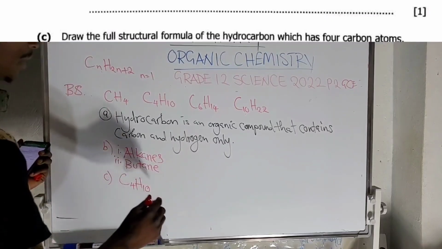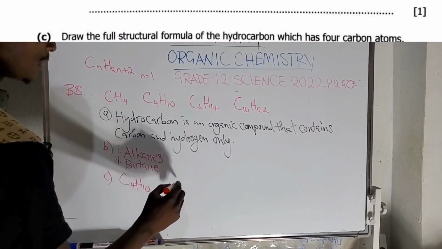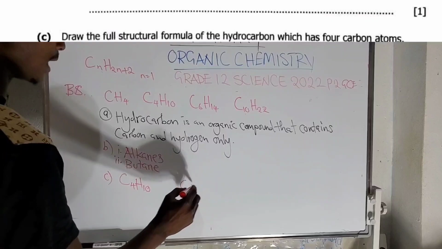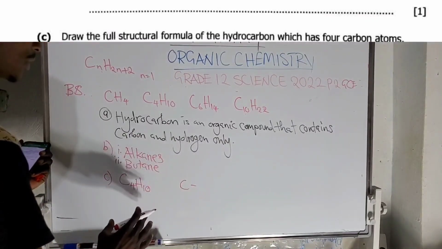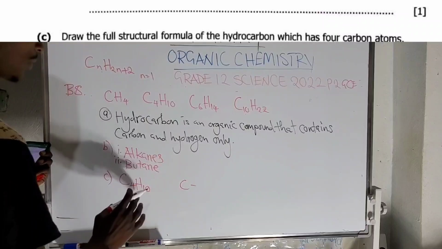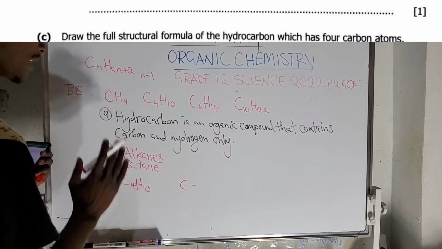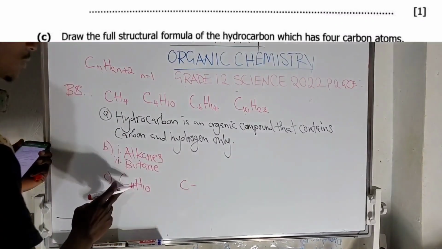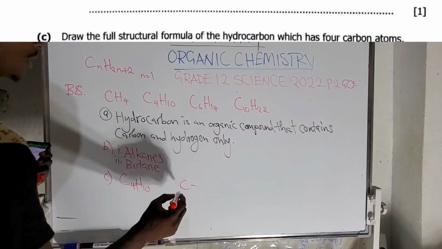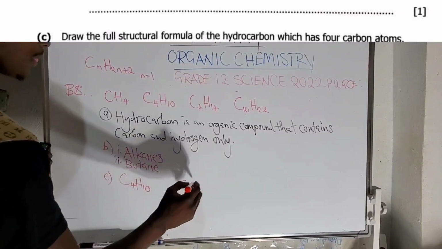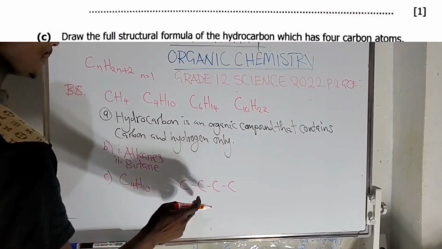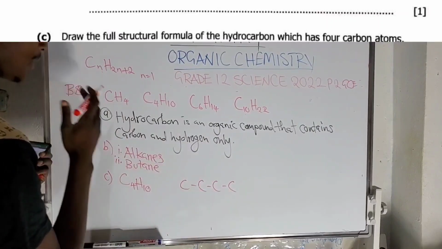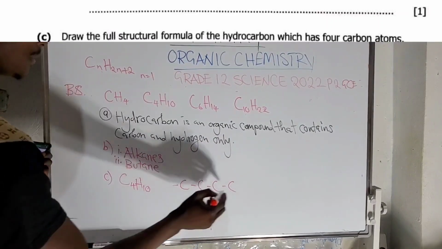In alkanes, the carbon atoms are completely surrounded by hydrogen. That's why they are also called saturated hydrocarbons. So since we have 4 carbon atoms, it will be C to C to C to C. This is single bond. Alkanes are single bond.